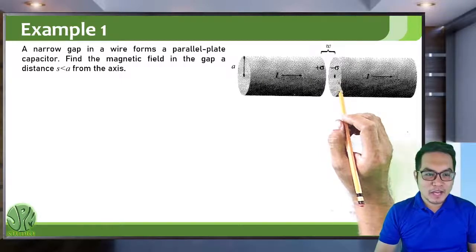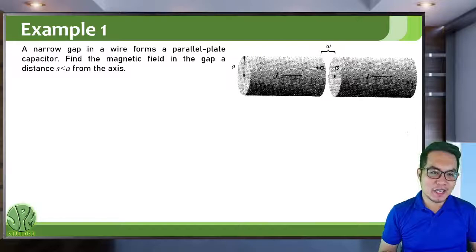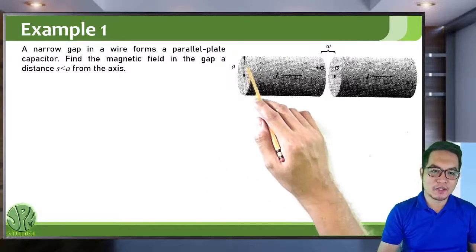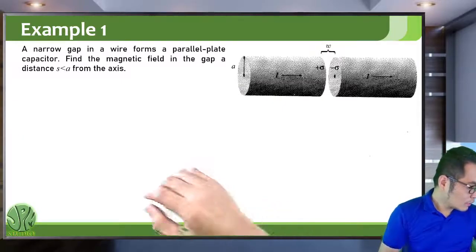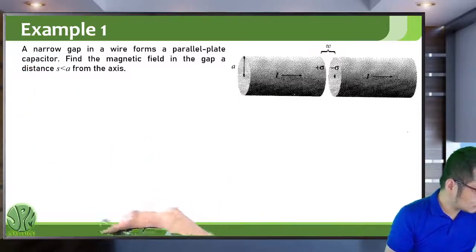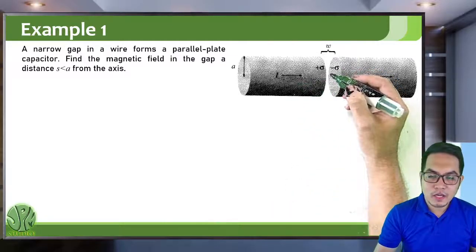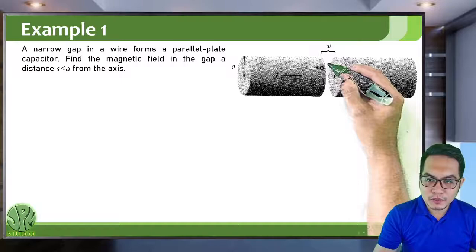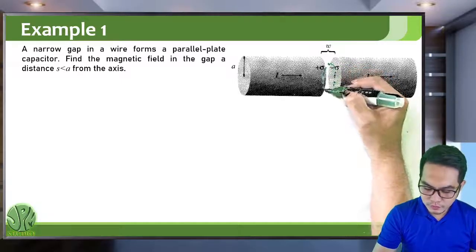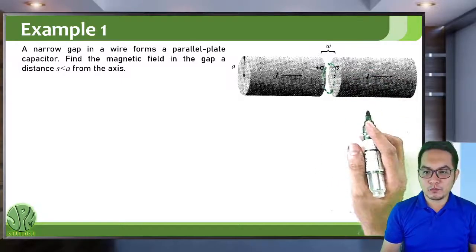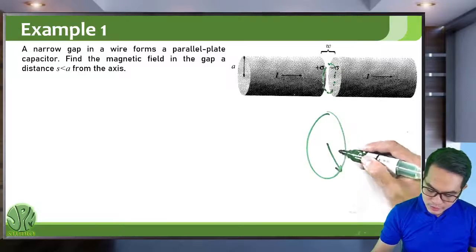Okay, so you're asked to find the magnetic field in the gap, at a distance s, which is less than a, because a is the radius of the wire, from the axis. In this case, we make an Amperian loop, a circular Amperian loop in our gap, with radius s.